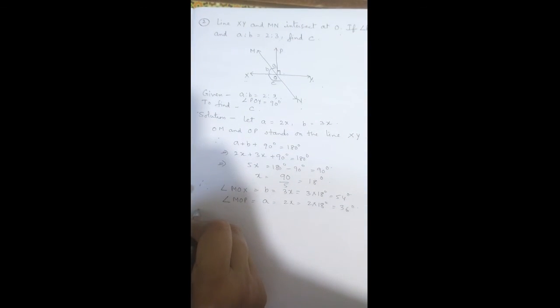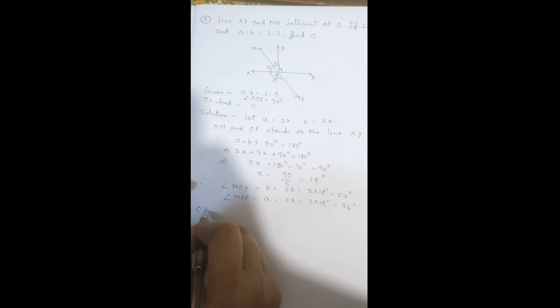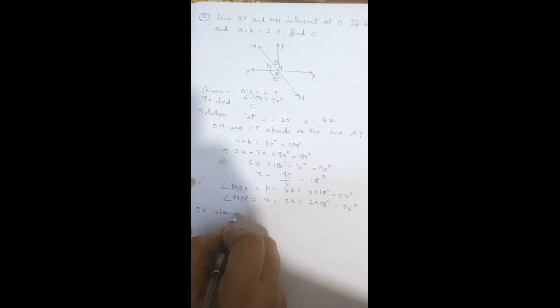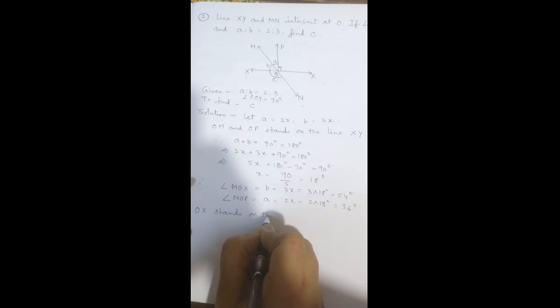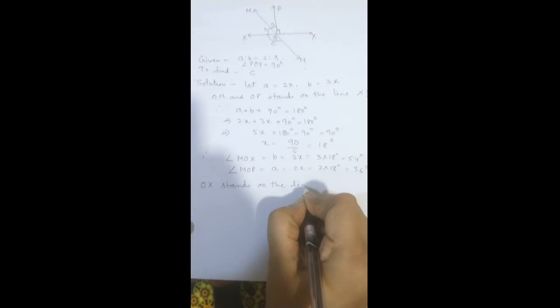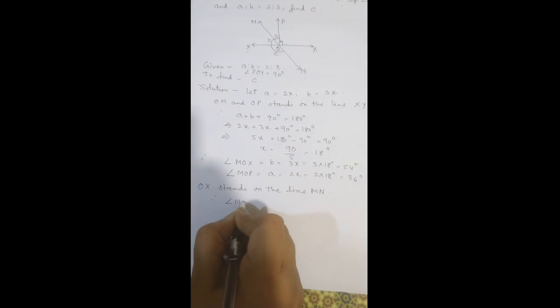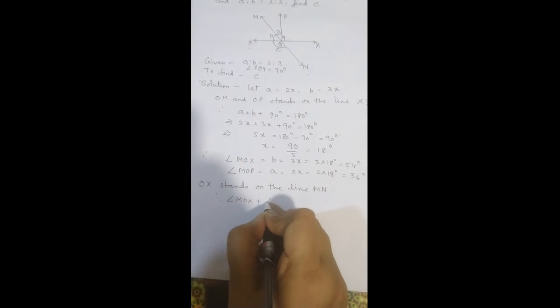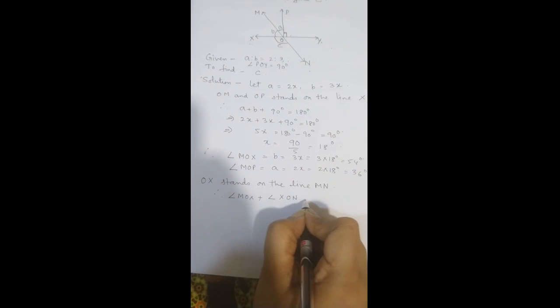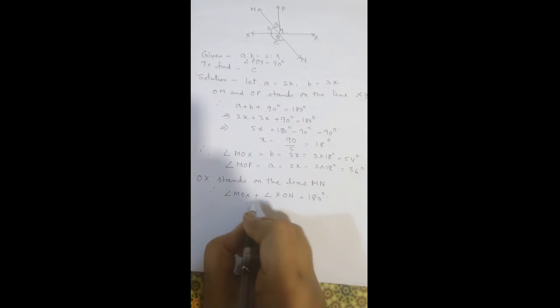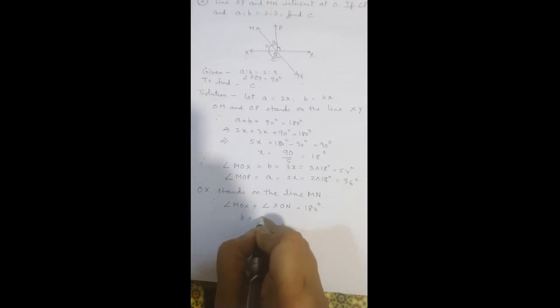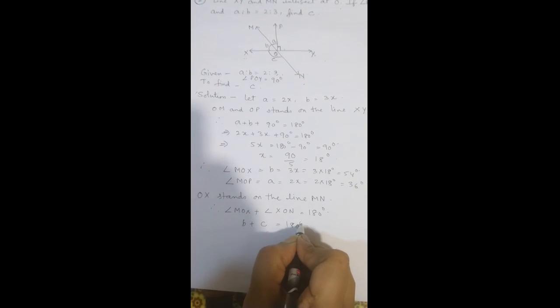Now OX stands on the line MN. Therefore, angle MOX plus angle XON equals 180 degree, or B plus C equals 180 degree.